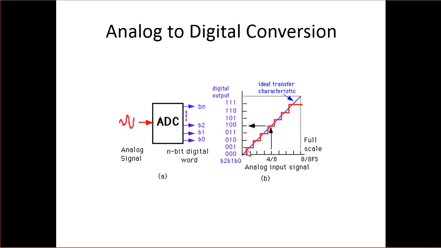Okay, so one of the things you're going to notice here, of course, is that this signal right here can vary infinitely, right, through its range. So let's say we're measuring 0 to 120 volts. The actual value could be an infinite number of values between 0 and 120. But once we go into the digital world, we're limited in the number of numbers that we can represent in our range.